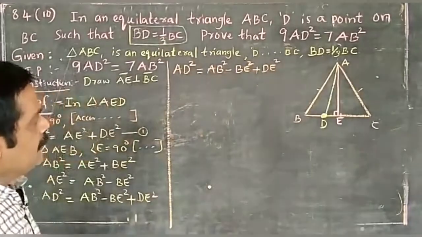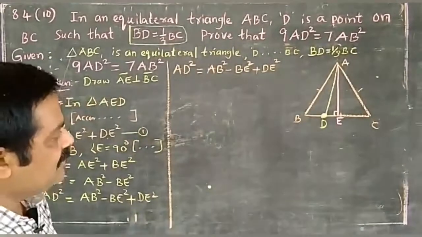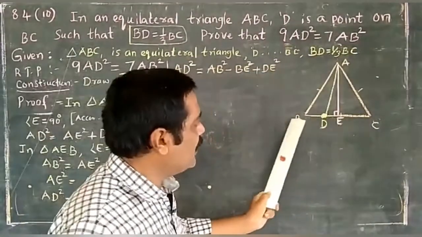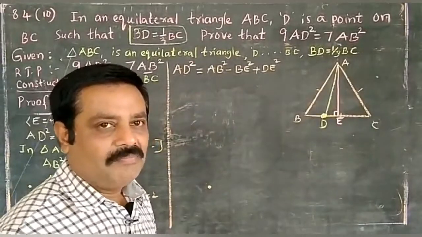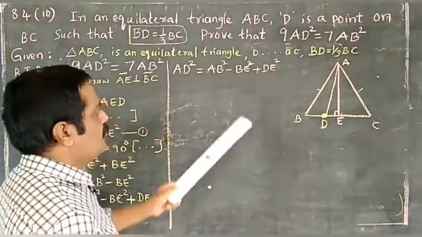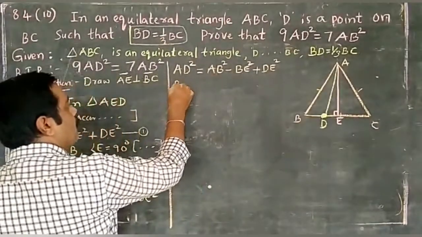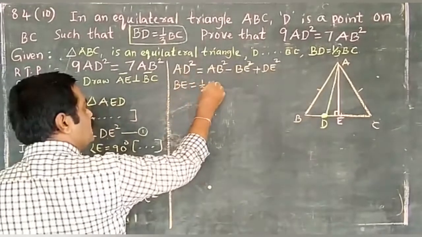Is there any way to change from BE to AB or BC? Yes, instead of BE, we can write half of BC, and BC is equal to AB. So BE is equal to half of BC.